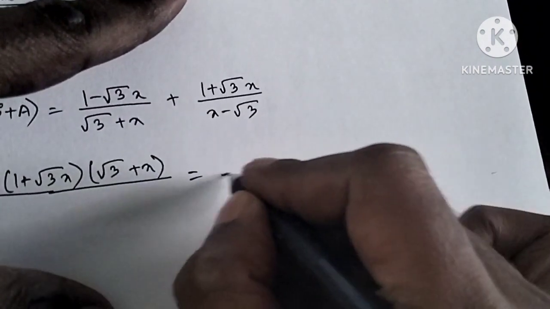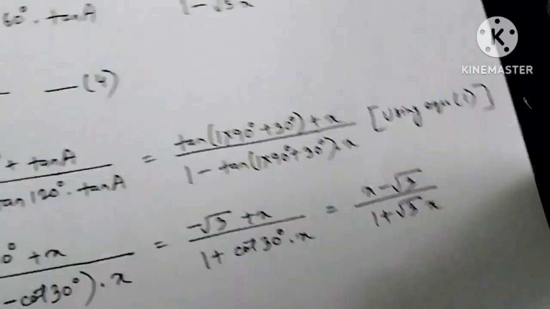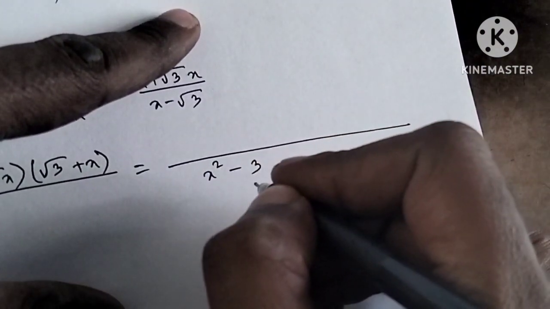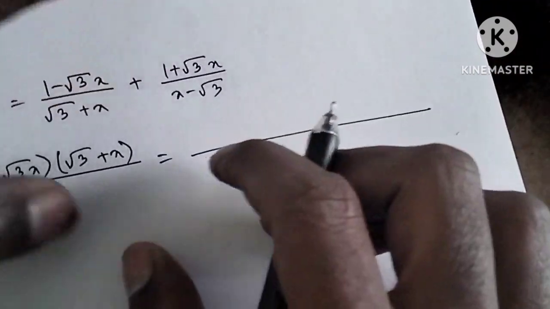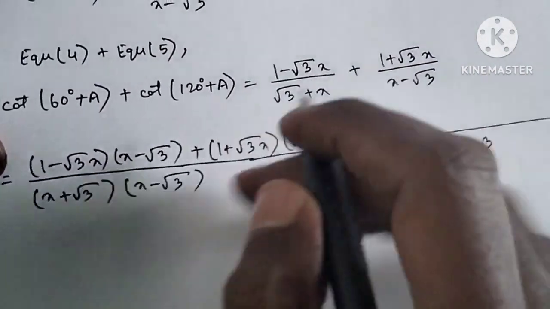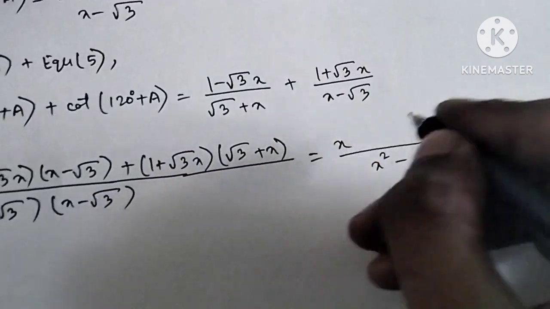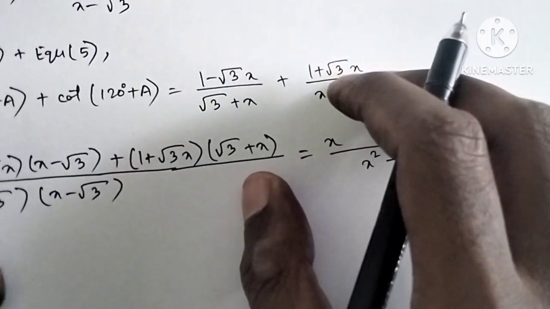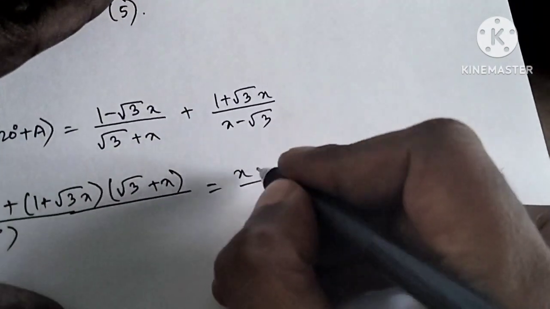So this will be a plus b into a minus b, x square minus 3, right? And here 1 into x is x, 1 into minus root 3, that is minus root 3.